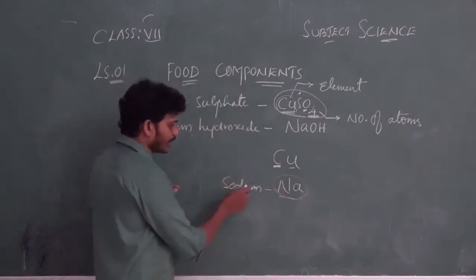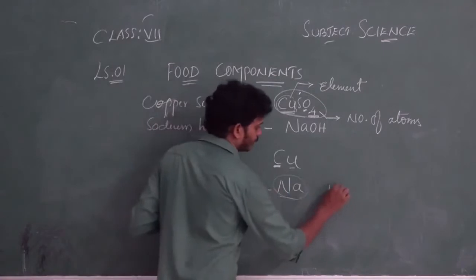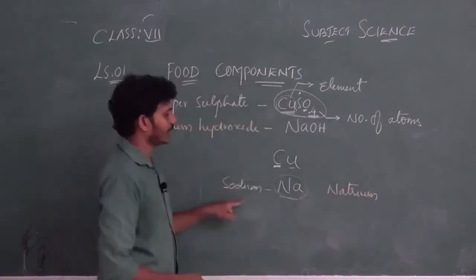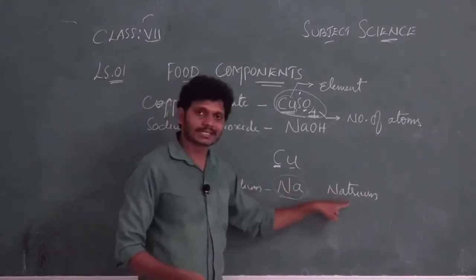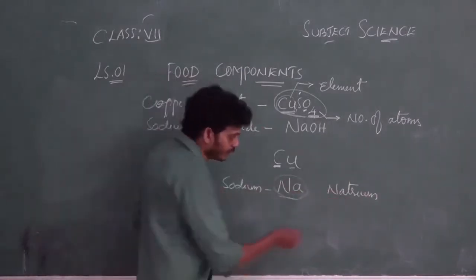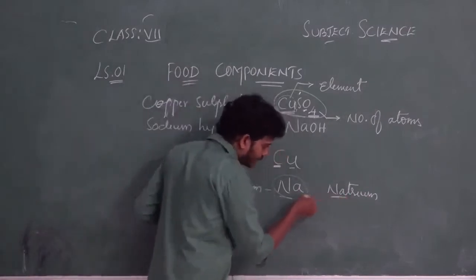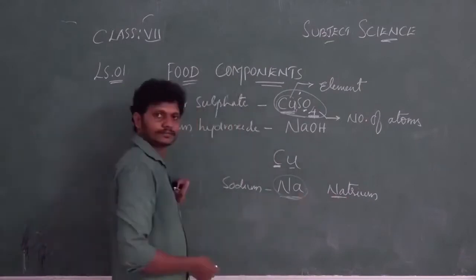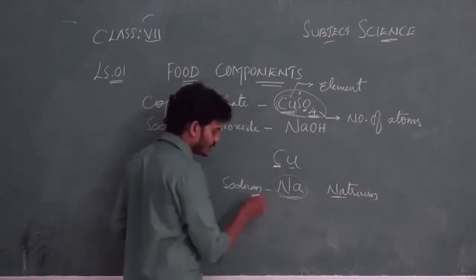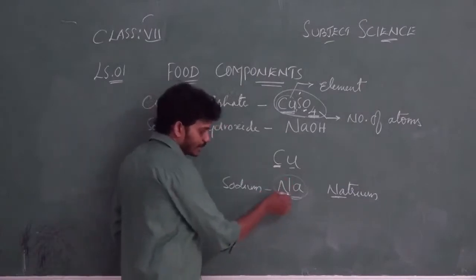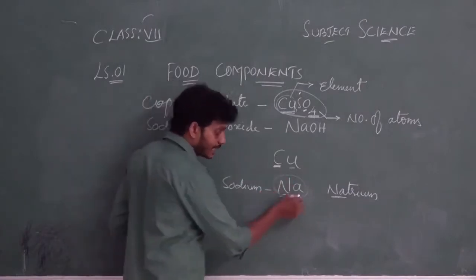Sodium in Latin is called natrium. So only the first two letters are taken as the symbol. Na is the symbol for sodium. The first letter is capital and the second letter is small.